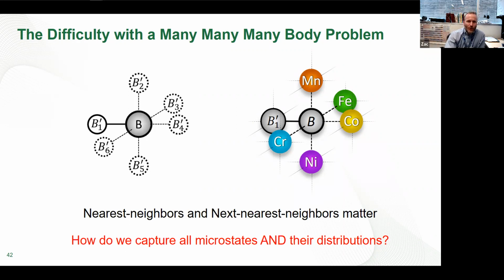And so we want to know, how do you simplify this so a computer, even a supercomputer, can handle these sorts of calculations, trying to cool these down? Not only do you want to capture all of the possible microstates, but I'm going to make the argument that the distribution of those possible microstates is also very important.